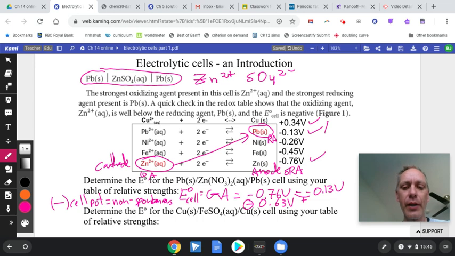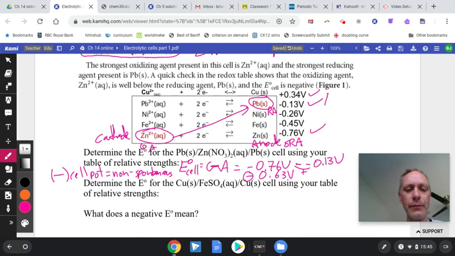Okay. Second electrolytic cell, and I'm using the word electrolytic because that's what non-spontaneous cells are. They're electrolytic. So second example, copper solid, iron 2 sulfate, copper solid. So we know that copper will likely be our strongest reducing agent, and we have Fe2+ and SO4 2-.